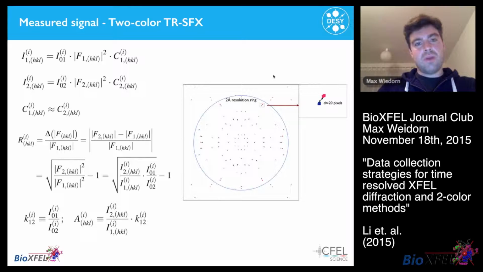And if you choose your wavelength differential well enough, you can get a good separation of your two Bragg peaks.